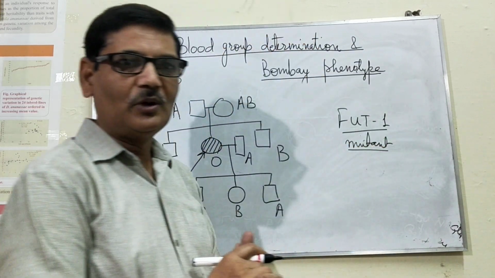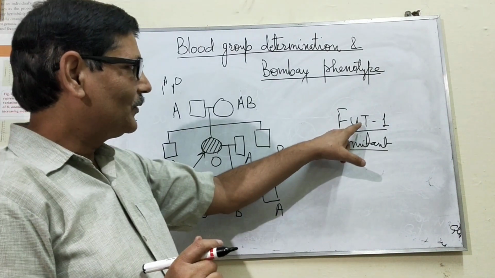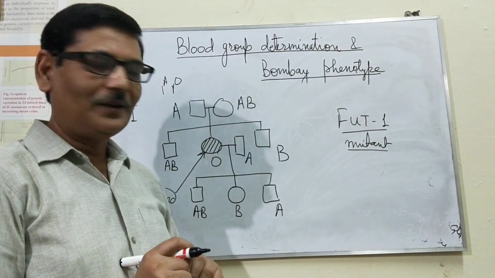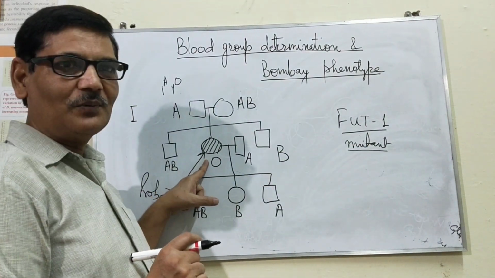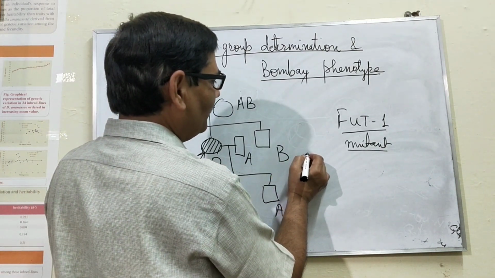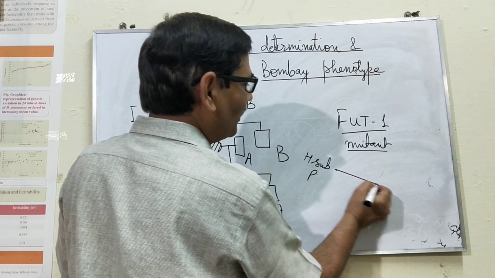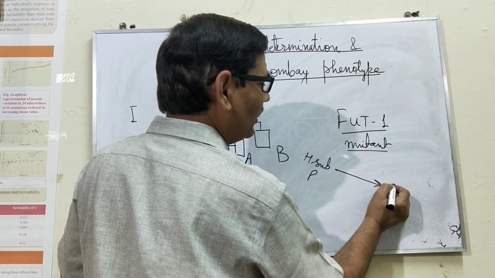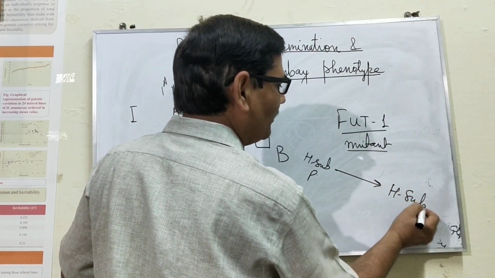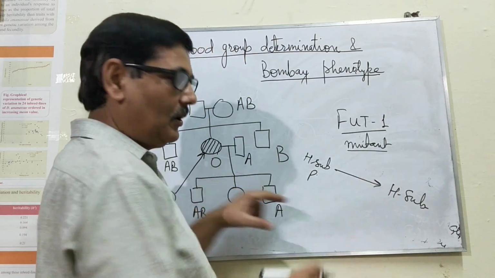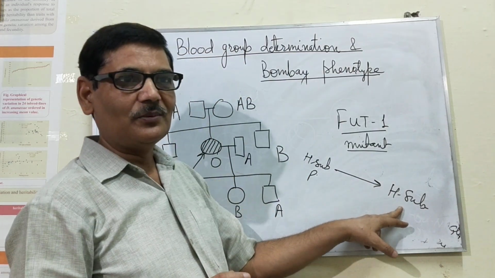She was carrying a mutation. Because of this FUT1, what will happen? Because she was homozygous for this mutation, the H substance precursor was not getting changed into H substance, because the FUT gene is responsible for the formation of H substance.